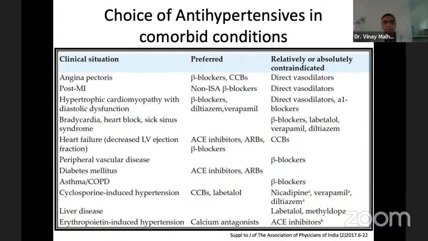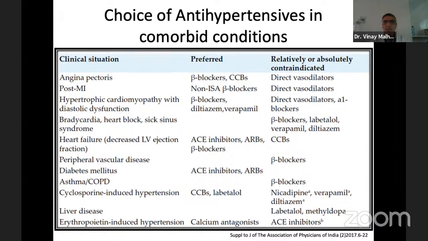But if you have a compelling indication, like angina pectoris or post-MI, then you can use beta blockers. Then if there is heart failure or decreased LV ejection fraction, RAS inhibition is preferred. For peripheral vascular disease, diabetes, in diabetes you prefer ACE inhibitor, ARBs, but in asthma, COPD, you will avoid beta blocker.